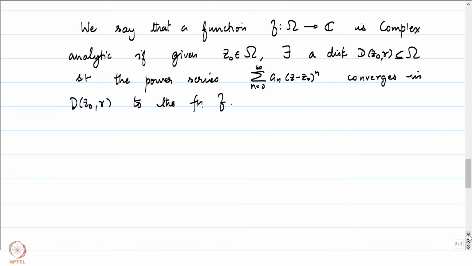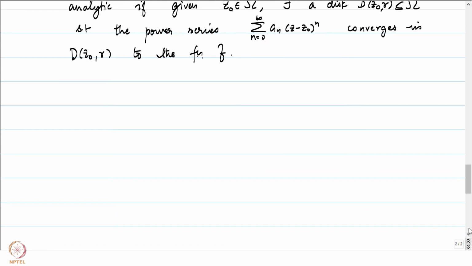And as one of the first consequences of the Cauchy integral formula, let us prove the very powerful theorem which states that a holomorphic function is complex analytic.